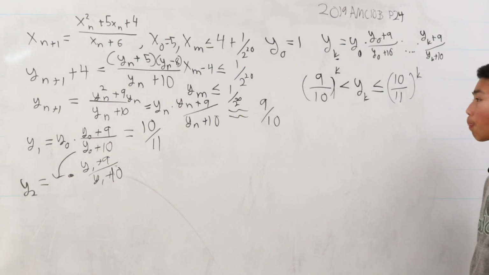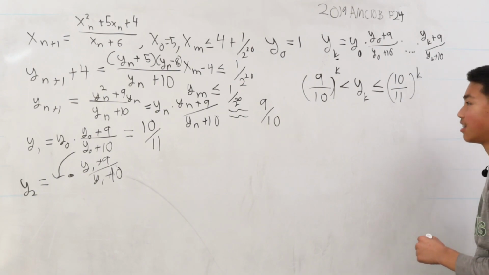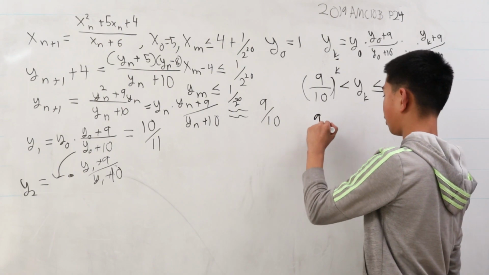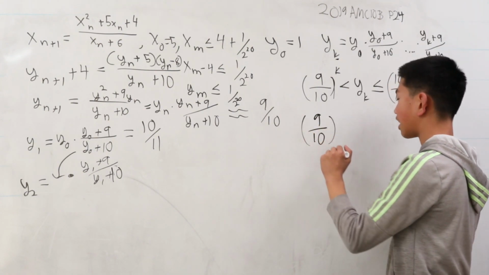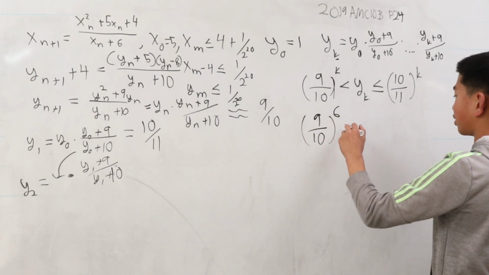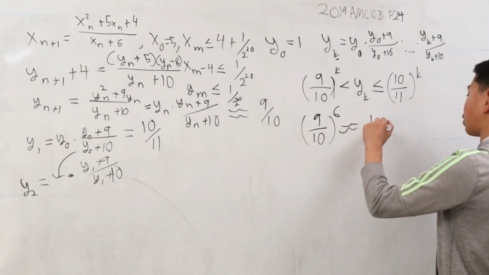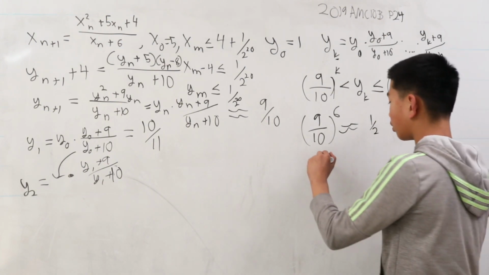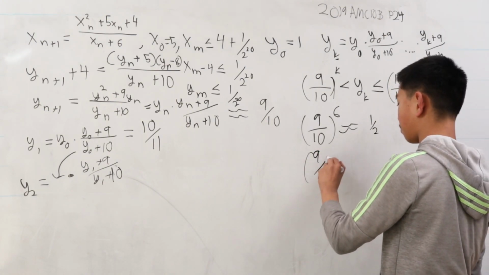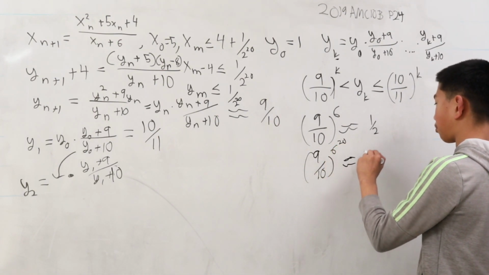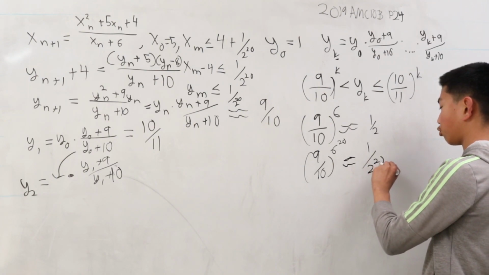So now let's just start testing powers of 9 over 10. Once we test it a few times, we see that 9/10 to the power of 6 is approximately 1/2. So to get to 1/2 to the power of 20, we want 9/10 to the power of 6 to the power of 20, which is also approximately 1/2 to the power of 20.